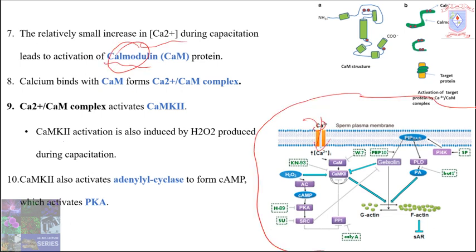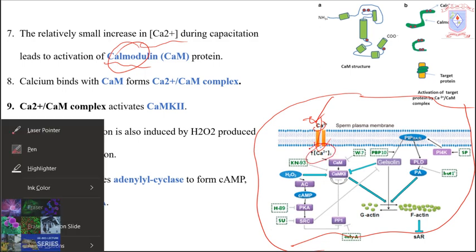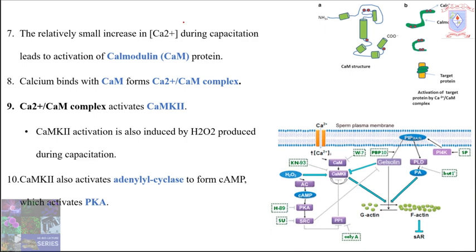This is another diagrammatic representation explaining the capacitation process, and consider this is the CatSper channel and the calcium channels that are activated, and the influx of calcium takes place, and that increases the concentration inside the cytoplasm. The increase in calcium during capacitation leads to the activation of another protein named calmodulin, that is CaM protein, and calcium binds with this calmodulin protein and forms the calcium calmodulin complex.